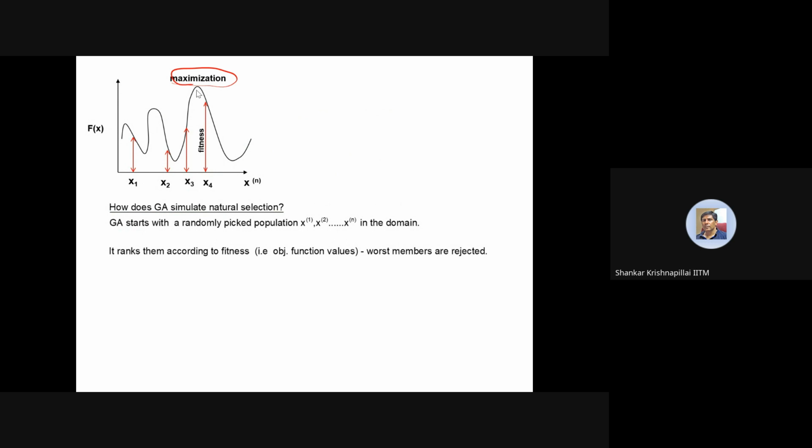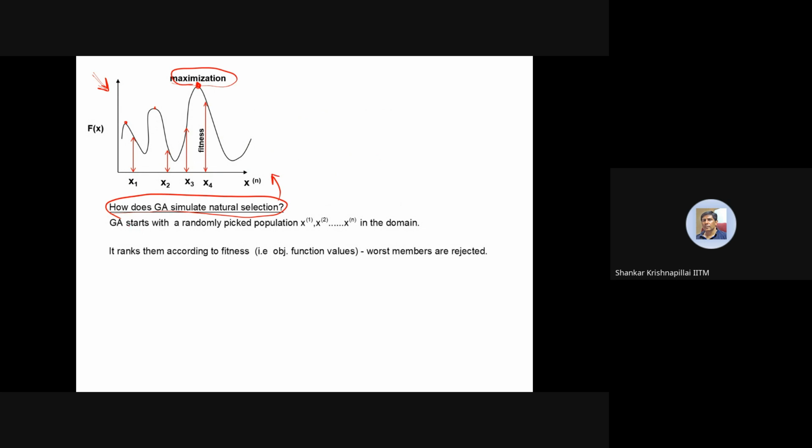First of all, you can look here. It is a non-convex objective function with multiple peaks, and our objective is to find this global peak. How does genetic algorithm simulate natural selection in this example?